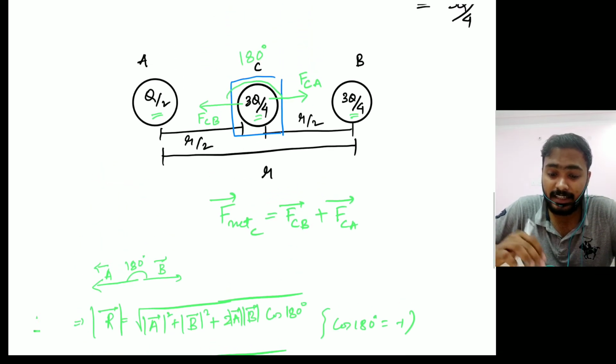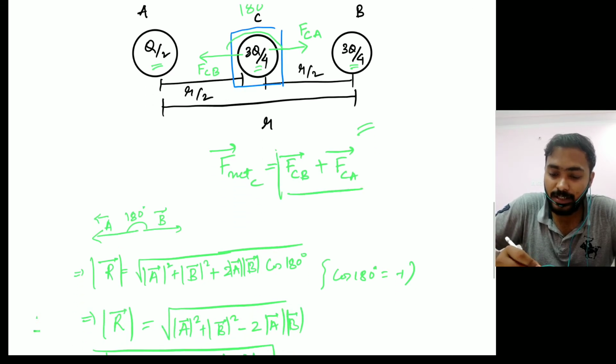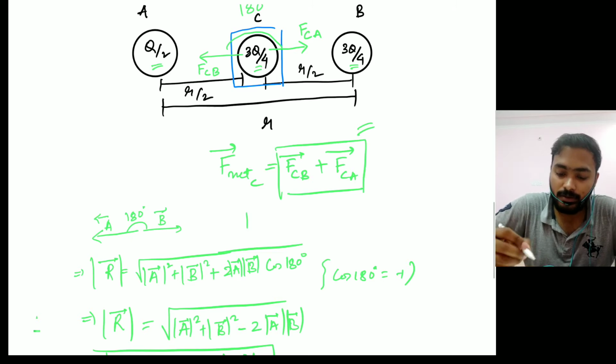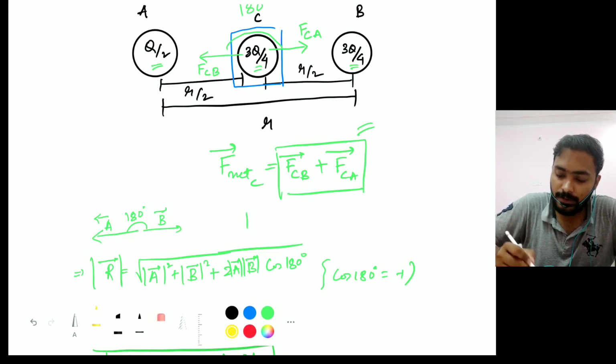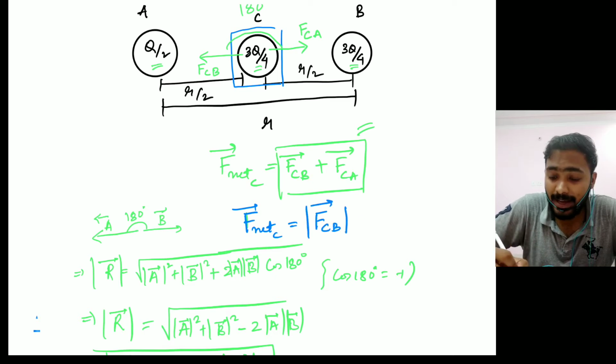So very clearly you can see that I have vector addition over here. If I want to find out the net force on C, this will be simply equal to FCB minus FCA.